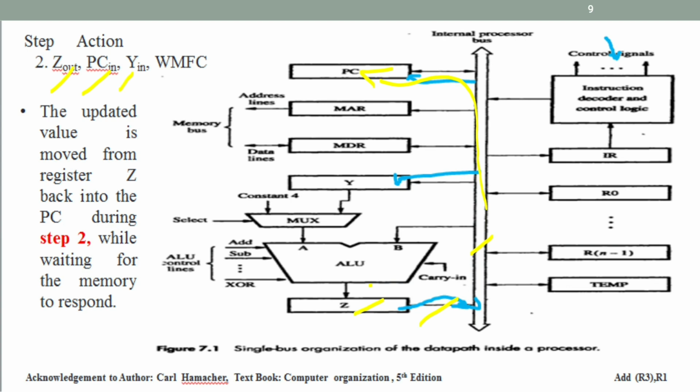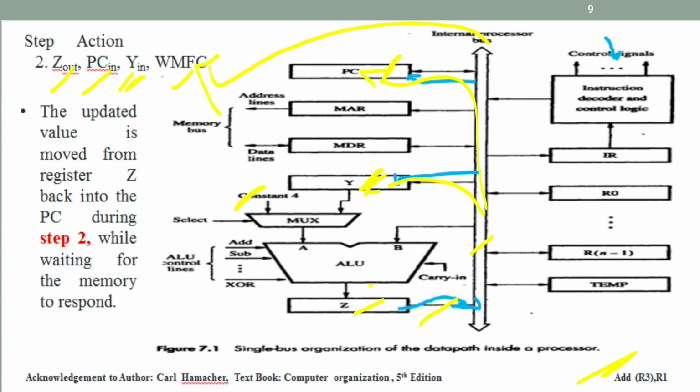Next Y in, the same is stored in the Y register. Why is the next instruction address stored in the Y register also, instead of only PC? Because if the instruction is of multiple bytes, it will be stored in multiple memory locations. Hence, to generate the next memory location address along with constant 4, this is required. That is why it is stored in Y.